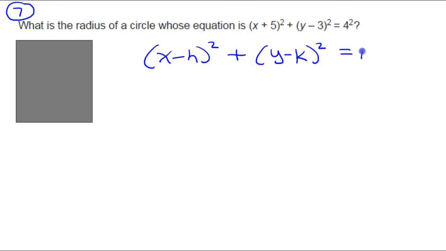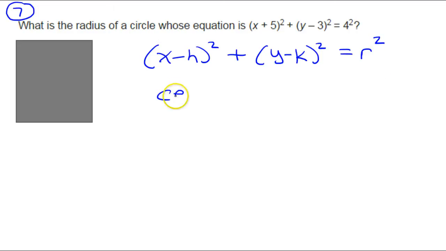Okay, what is the radius of a circle whose equation here is given? Well, compare this to the standard form equation of a circle, which is like this. We have (x minus h) squared plus (y minus k) squared, and that is equal to the radius squared.